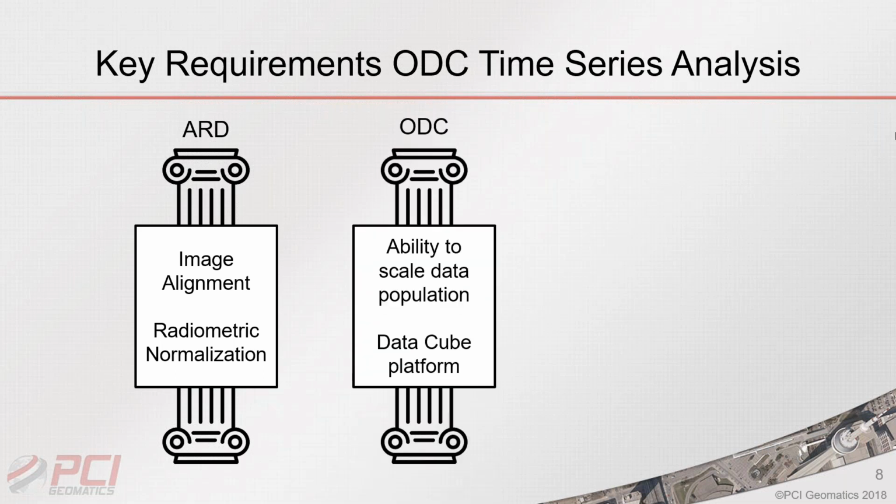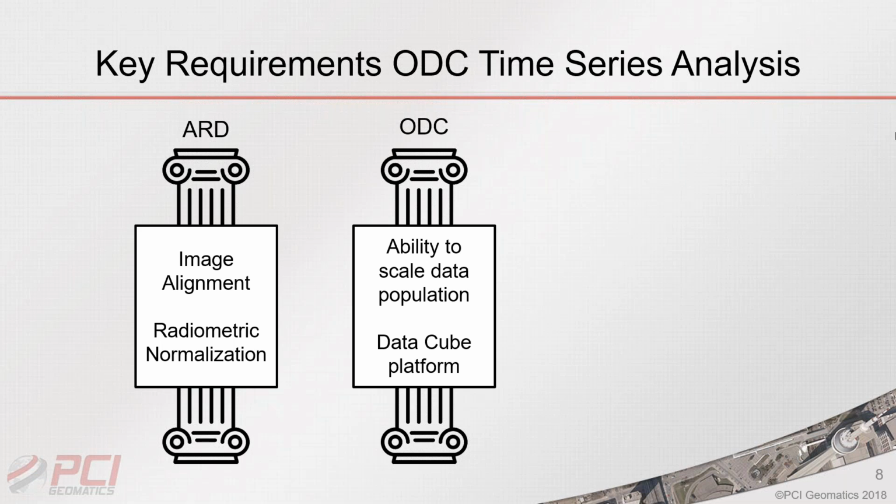The second key pillar that we see as part of performing large multi-temporal series analysis is what's known as ODC, or Open Data Cube. You'll hear us talk about this, and there are a few slides coming up on that. The infrastructure that is required to store, query, and access data over large areas has been the topic of much work in terms of creating new infrastructure.